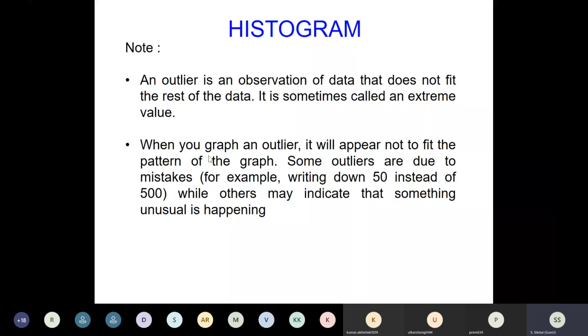Maybe at the time of data acquisition there was some disruption in the data acquisition system. Or if it is a manual recording, maybe you have given it to somebody to write, and instead of 500 he is writing 50. Now if you plot with 50, it will go totally in a different manner. So you have to drop that value of 50. So these are all outliers.